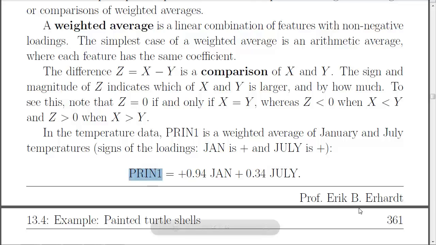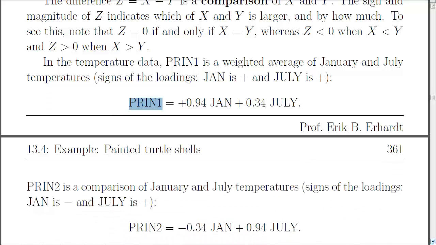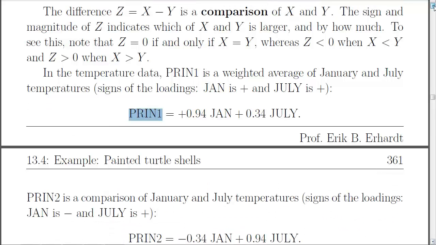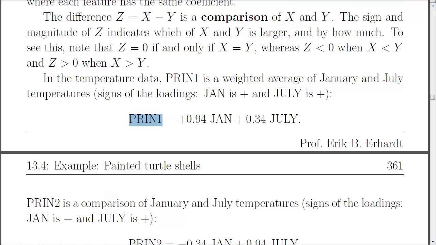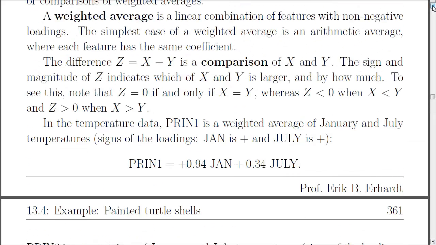We can also have opposite signs. Can't quite get everything on the screen at the same time. So a difference: if z was the difference between x and y, as our second principal component is, we have a negative January loading and a positive July loading. That's the difference and represents a comparison between x and y.